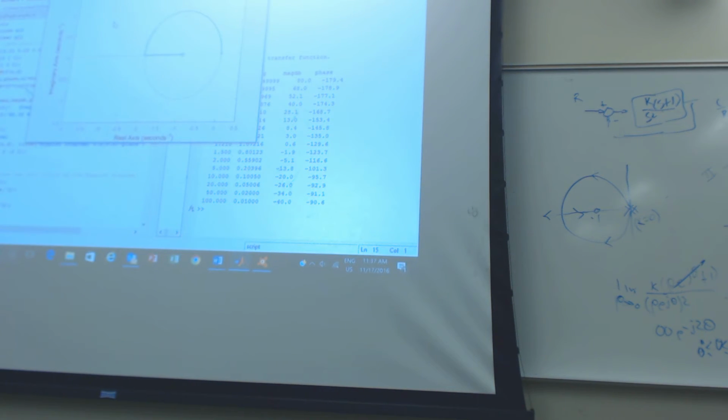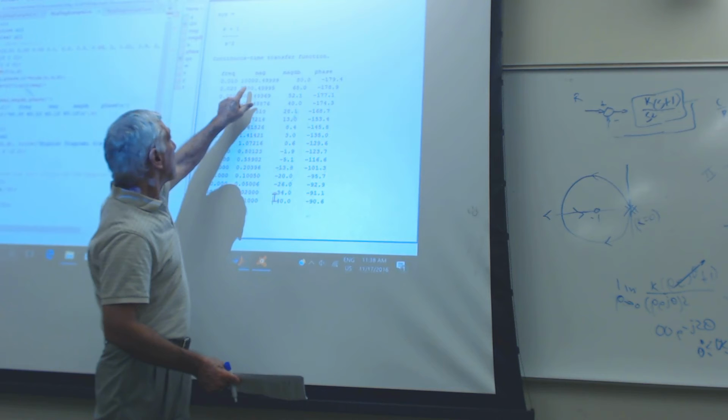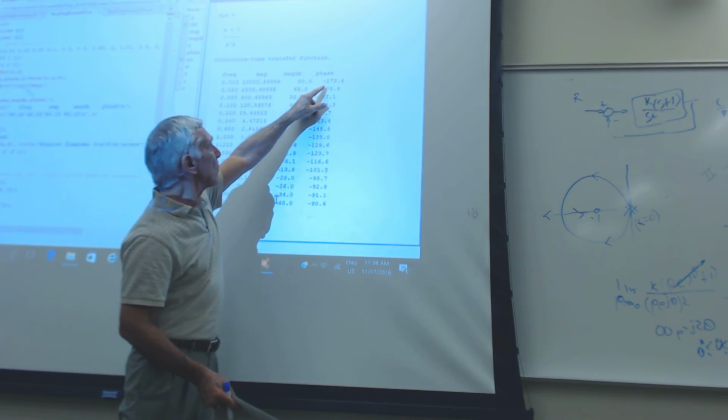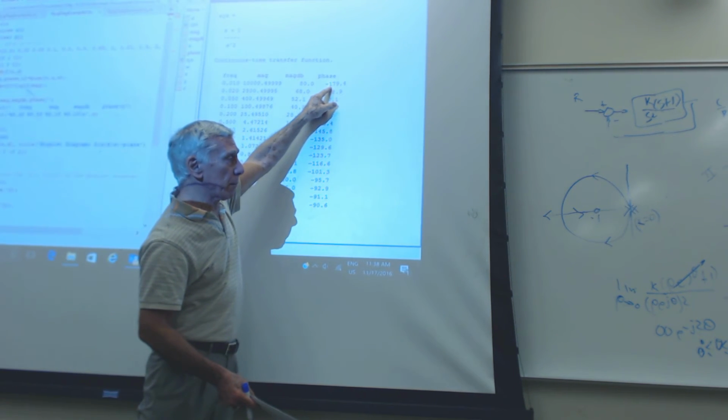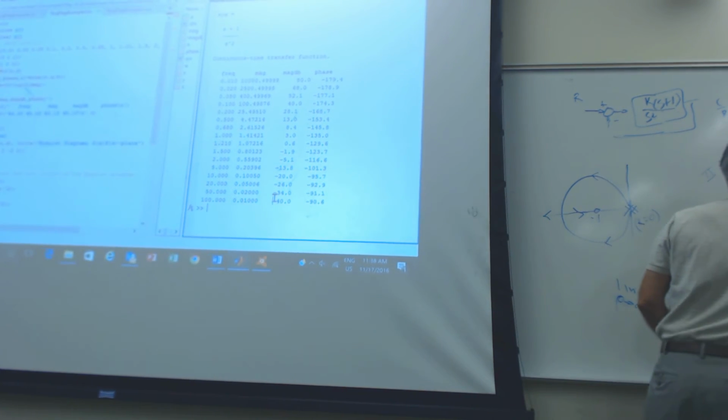Notice that there's the root locus. Notice that the magnitudes start very large with a phase right around minus 180. In other words, it starts right around this point right here.